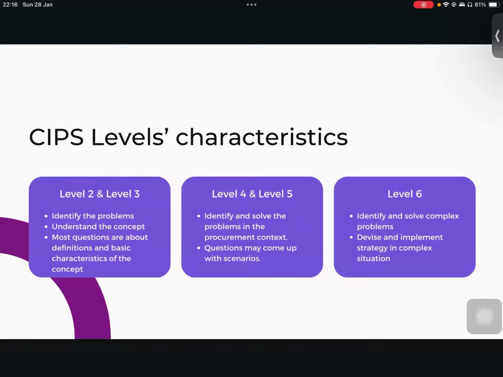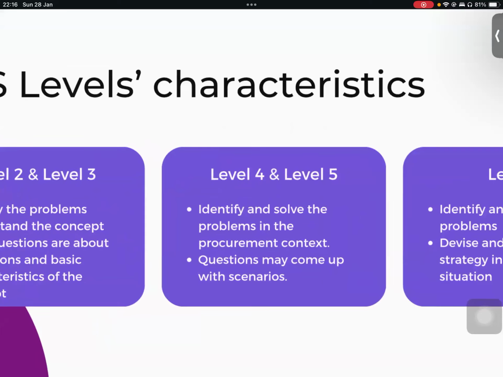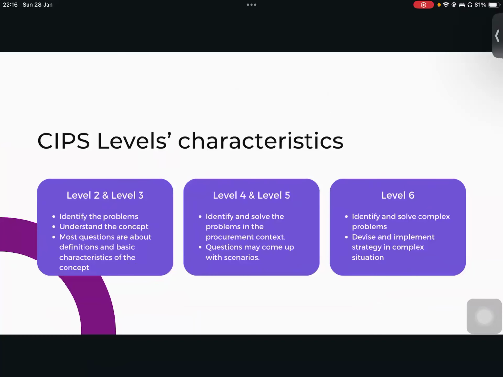With these requirements, the exam at each level will have different difficulty. To your surprise, level 4 and level 5 are not the levels with the lowest pass rate.